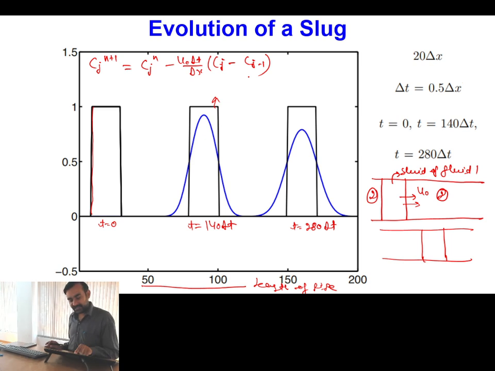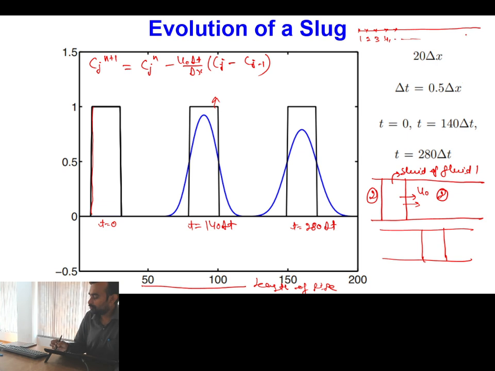Now, if I have to apply this equation, first I have to form the grid structure. While forming the grid structure, say along the length of the pipe, I have taken likewise 1, 2, 3, 4, and so on up to close to 200 grid points.